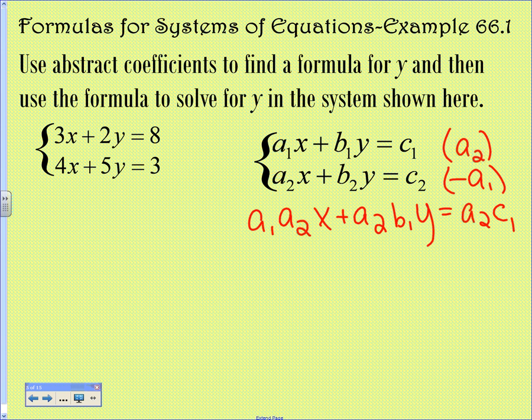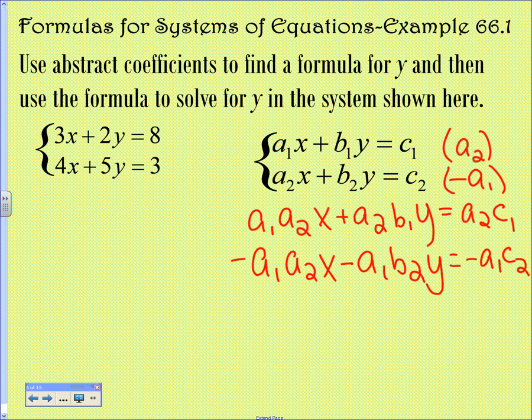And then the bottom equation, negative A1 A2x, negative A1 B2y, negative A1 C2. And then when we add them together, what happens to our x variables?